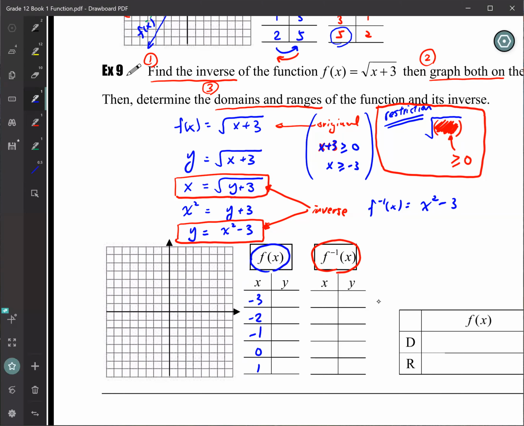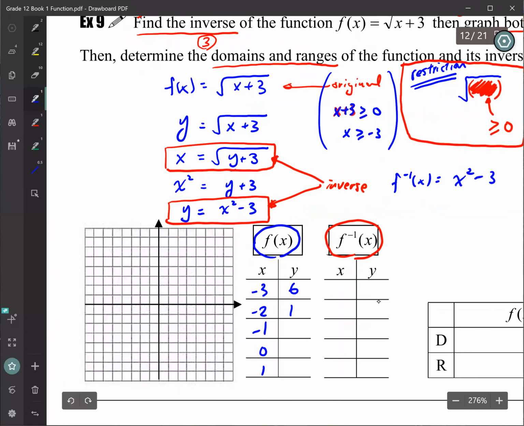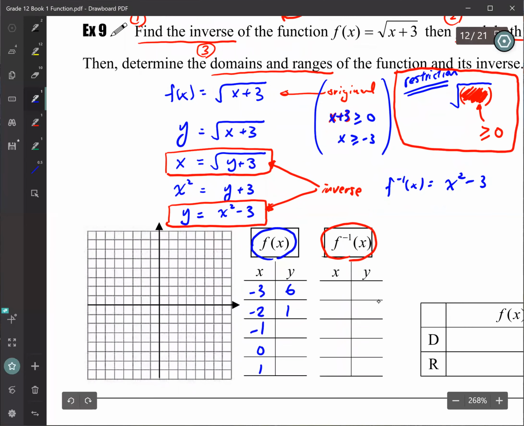Okay, Donna, do you have the points for the y? Yeah. What do you have? 6, 1, -2.